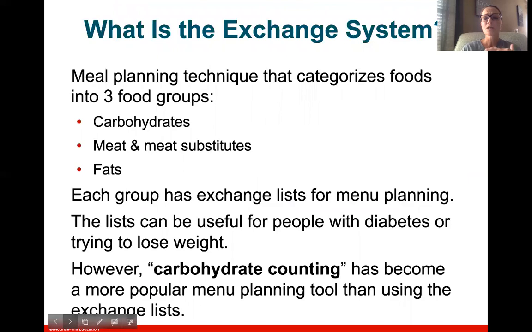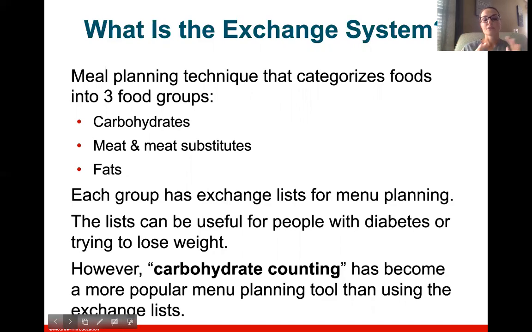Now, there's another menu planning system out there, and it's called the Exchange System. We have used this for years in teaching diabetics how to manage their blood sugars. It breaks foods down into carbohydrates, meats, meat substitutes, and fats. Under your carbohydrates, you have grains, fruit, milk, and some of your vegetables.